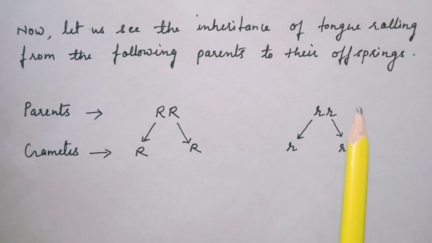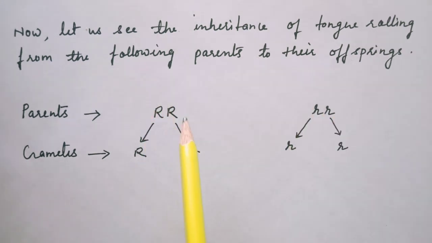Same thing happens with this parent over here. So this parent, who is homozygous dominant for tongue rolling, is producing all the gametes with the dominant gene for tongue rolling, and this parent, who is homozygous recessive for tongue rolling, is producing all the gametes with the recessive gene for tongue rolling.